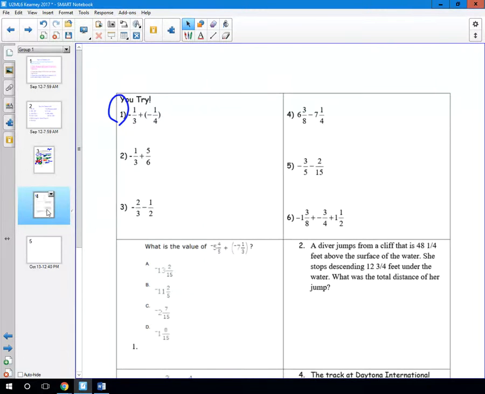No, so we can keep that. Step 2, do they have the same denominator? No, so we would need to change the denominator. What would the common denominator be between those two? 12. And then step 3, whatever we change the numerator by, we also need to do the same to the numerator as we did to the denominator. And we're going to add using the same steps as integers.